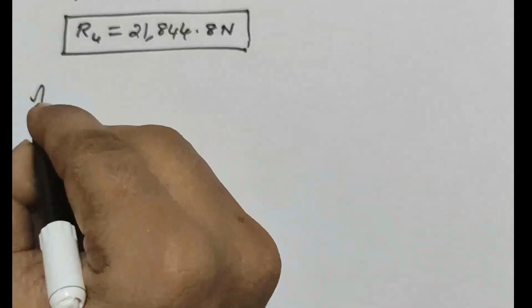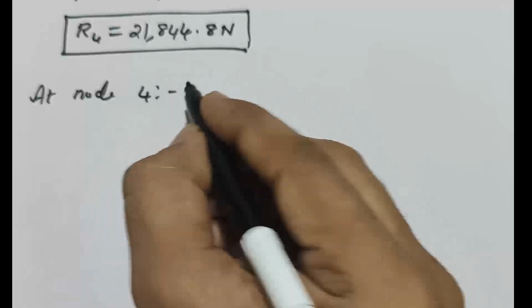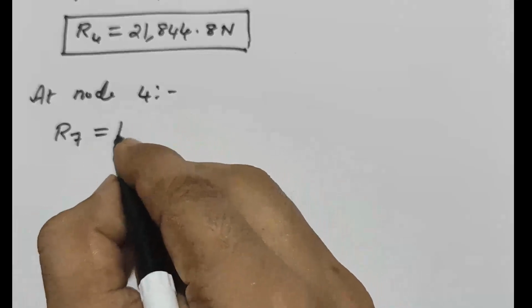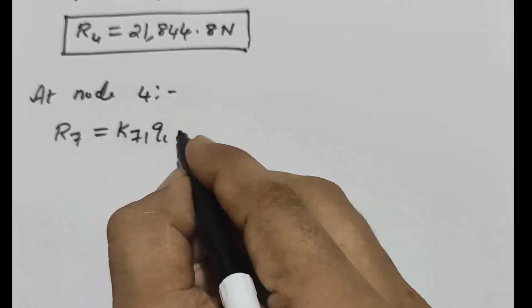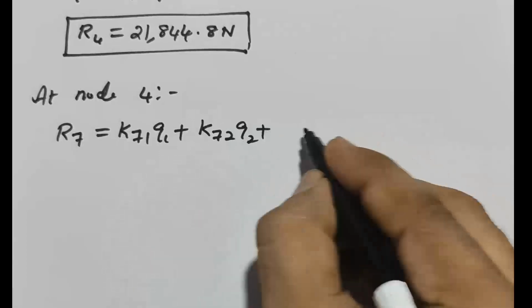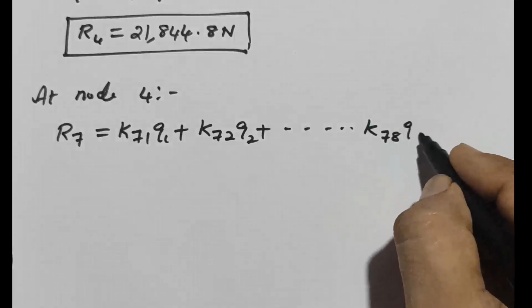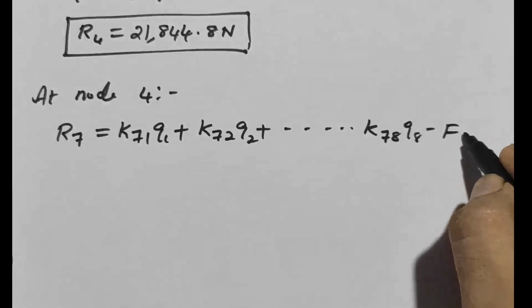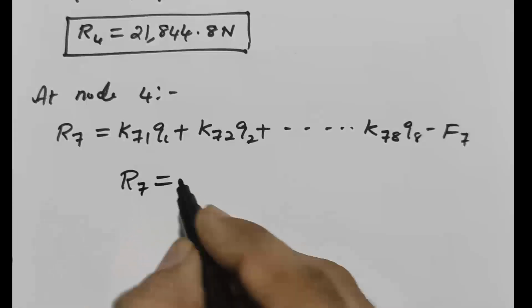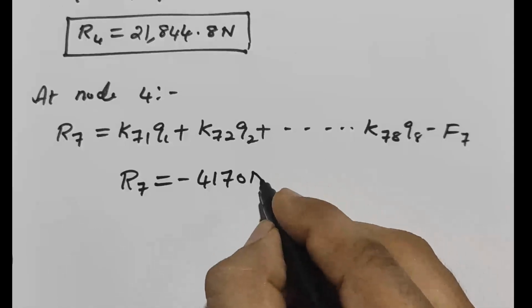Next, at node 4, R7 is K71 Q1 plus K72 Q2 plus up to K78 Q8 minus F7. If you simplify this, we will get R7 is equal to minus 4170 Newton.